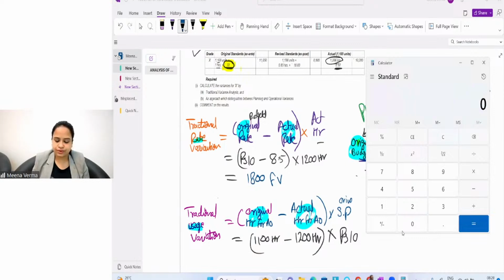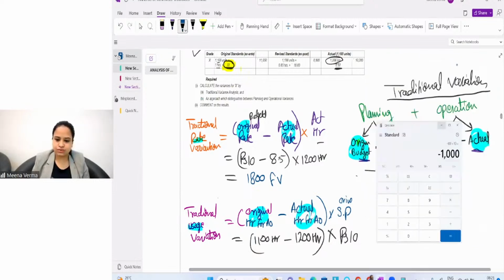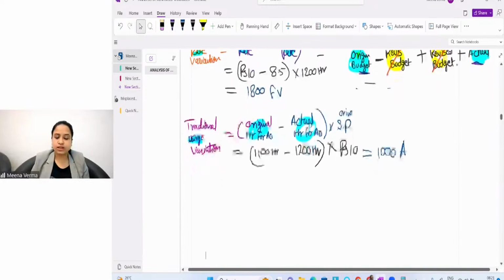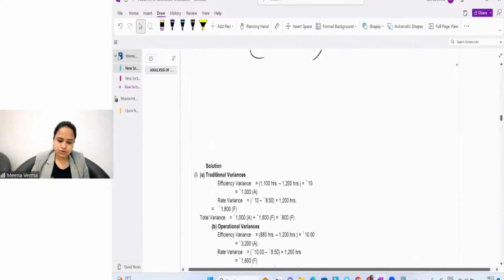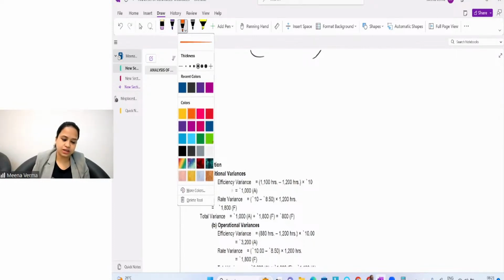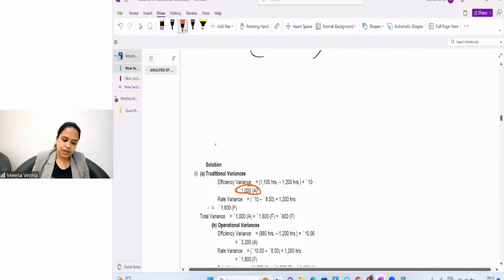And the next one is what? 1100 minus 1200 into 10. 1000, adverse variation. Just add them, you will get your total traditional variations. So you can see 1000 and 1800 is coming. So traditional efficiency variation is 1000 and the rate variation is 1800.